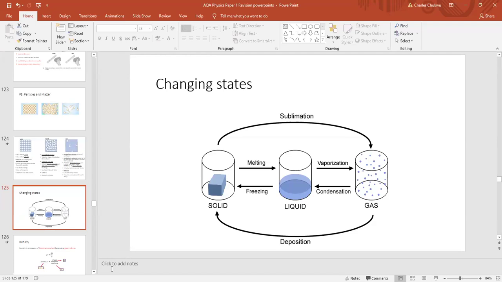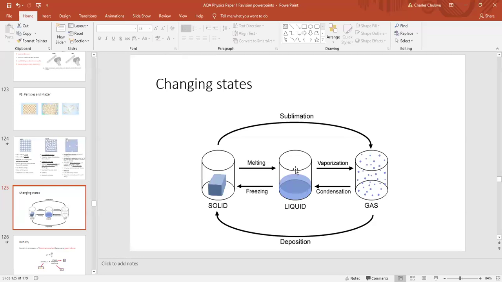Okay, so remember, higher heat, higher kinetic energy, more bombardment, therefore increase in volume. Okay, so that's just the simple logic about it.